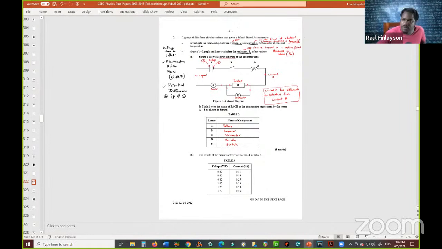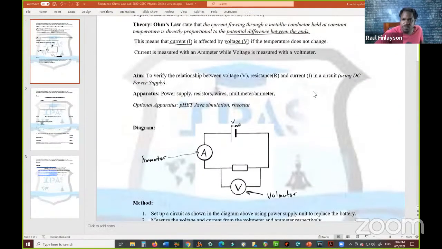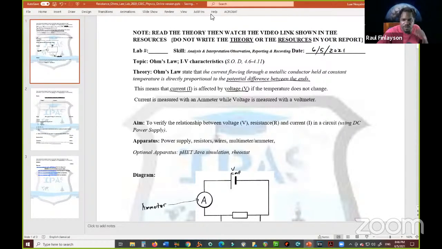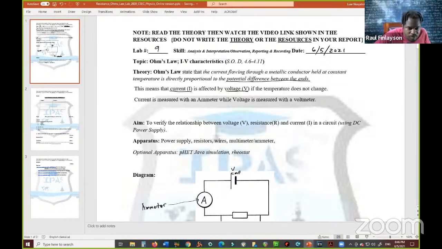And of course, let me just put the date here, because the date for this now would be today. So let's put it at the 6th or the 5th, 2021. This probably will be lab 9 for you guys.